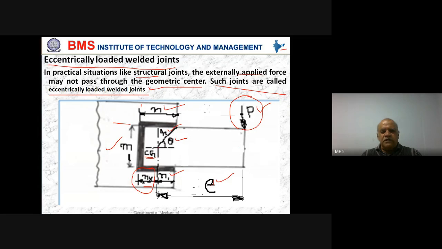M is the vertical distance or the length of transverse fillet weld. N is the length of parallel fillet weld.